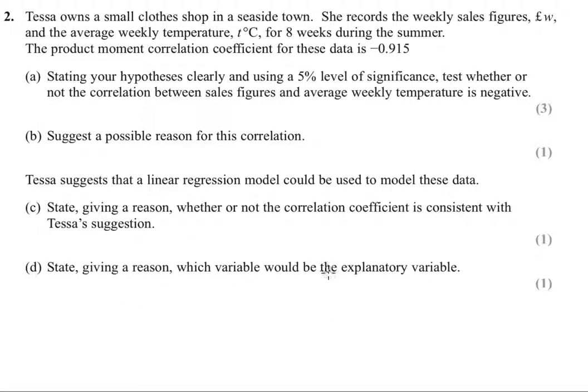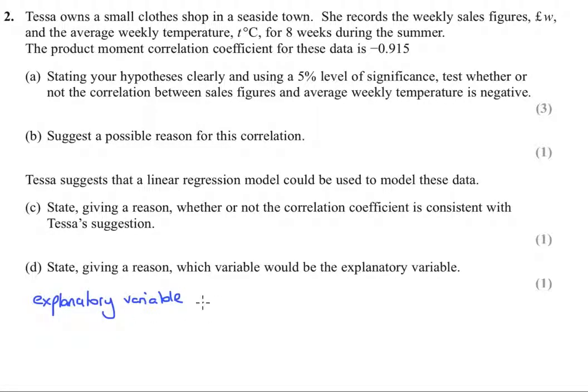Part D asks us which one is the explanatory variable. Explanatory variable is the independent variable. So we're wondering whether the temperature depends on the weekly sales figures or the weekly sales figures depend on the temperature. And it's the weekly sales figures depending on the temperature.